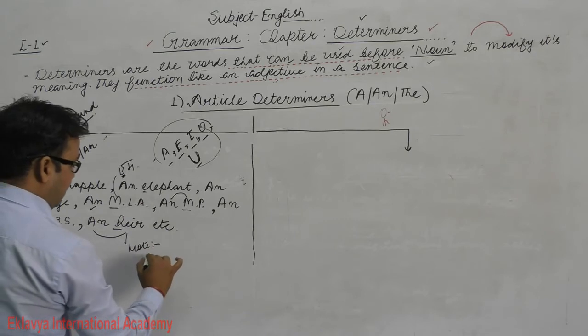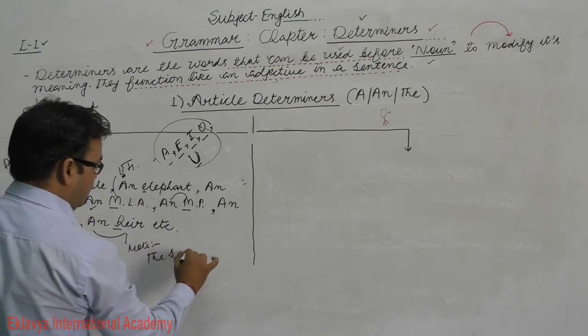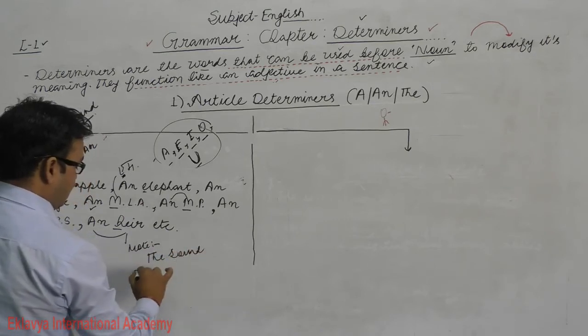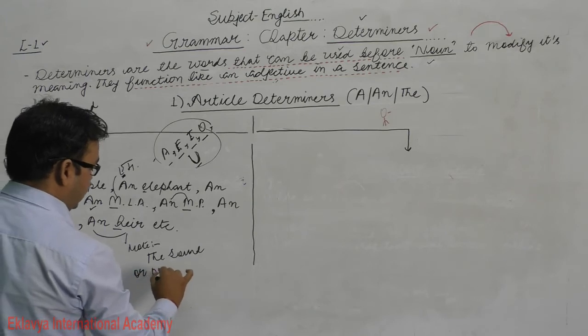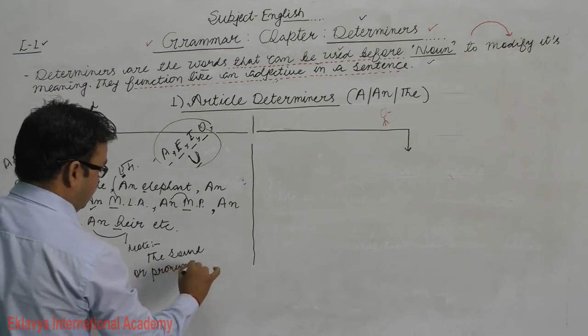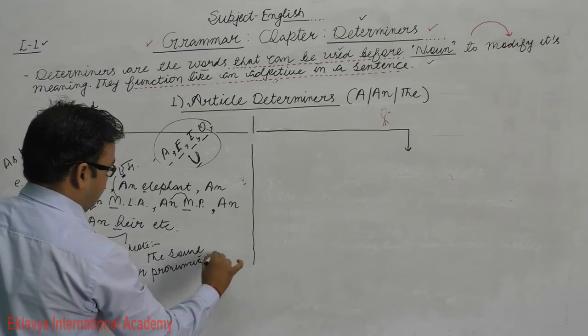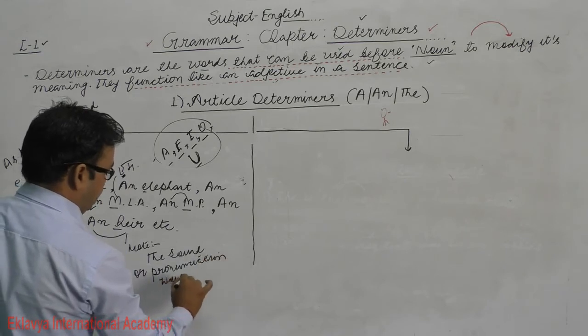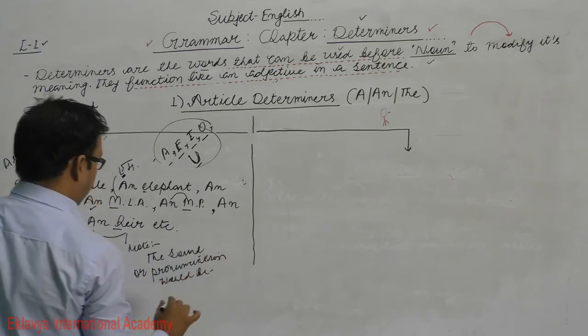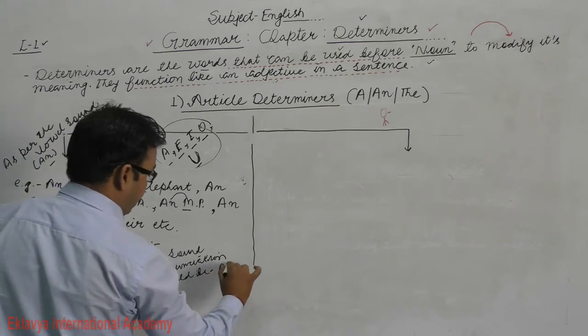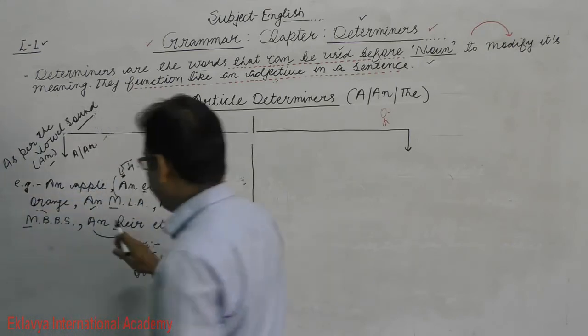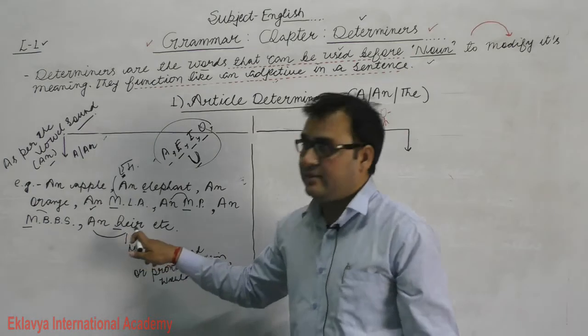Okay, the sound or the pronunciation would be A. कैसे करना है इसको? Like that. And here नहीं बोलना है इसको.